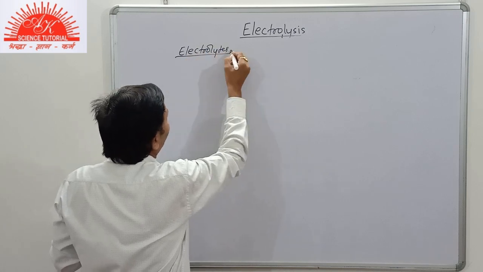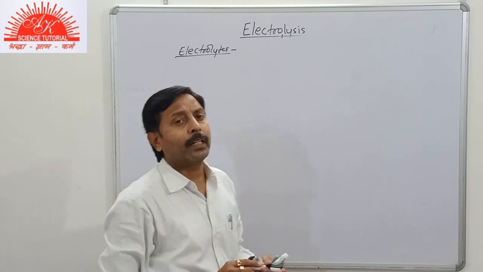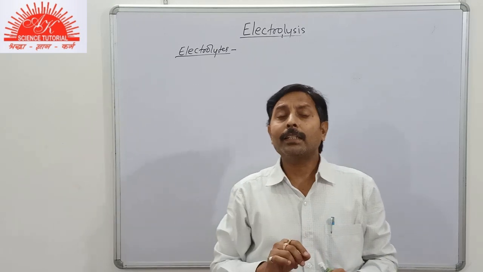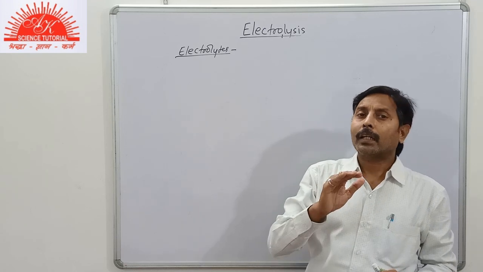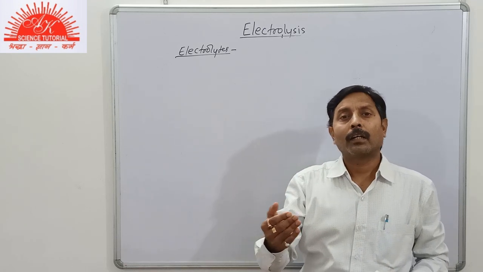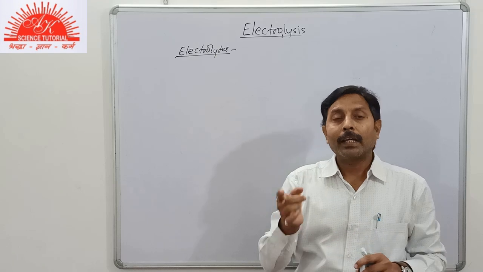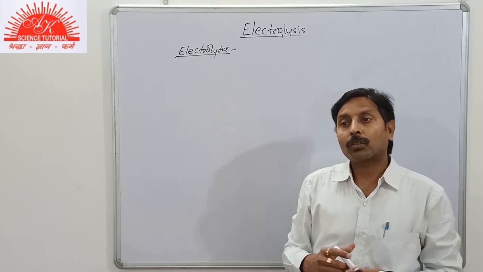Electrolytes. As we have studied, an electrolyte is a chemical compound, generally an ionic compound, which allows electric current to pass through it in molten or aqueous solutions.